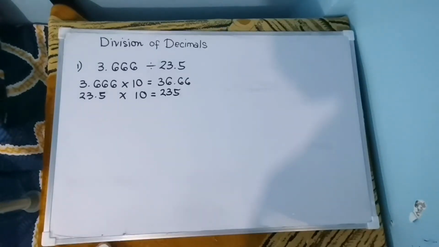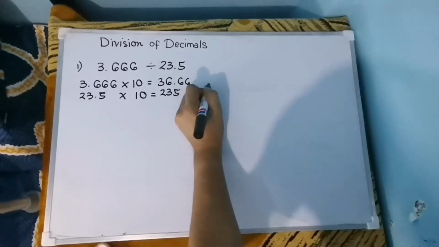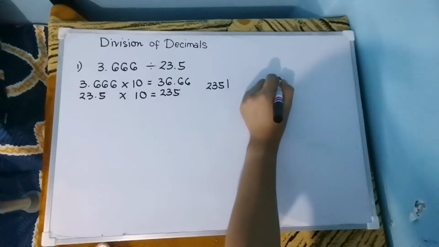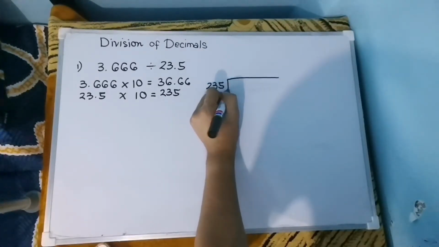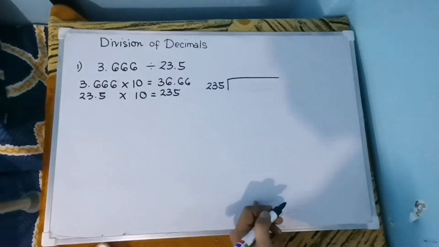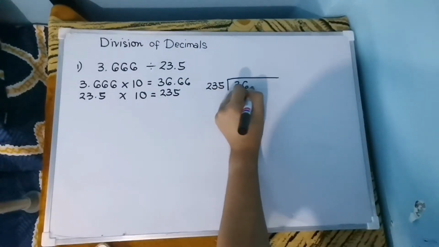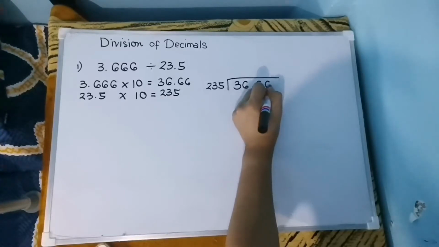Step 2, divide just like in dividing whole numbers and put the decimal point in the quotient directly above the decimal point in the dividend. So let's start dividing. Let's say we have here 235 divided by 36.66.